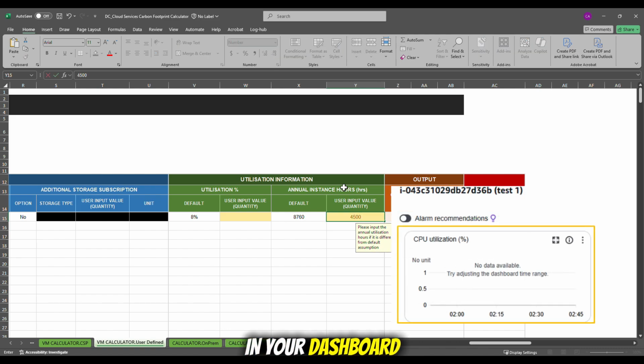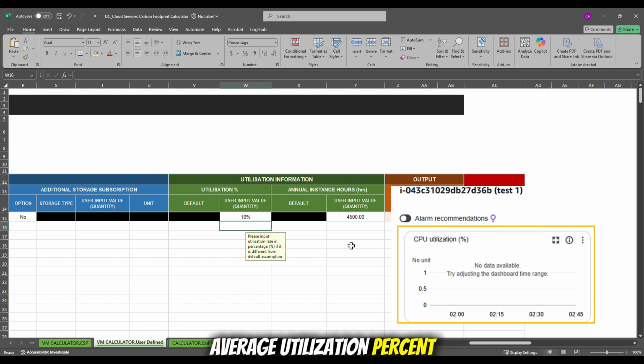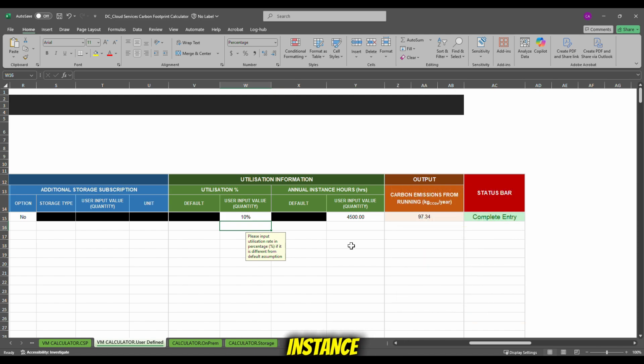In your dashboard, there should be a chart that represents your CPU utilization, varying from 0 to 1 or 0 to 100% across a time period. You may extract the data from this and get the average utilization percent depending on your specific reporting period, as well as the total instance hours you have accumulated for that specific instance.